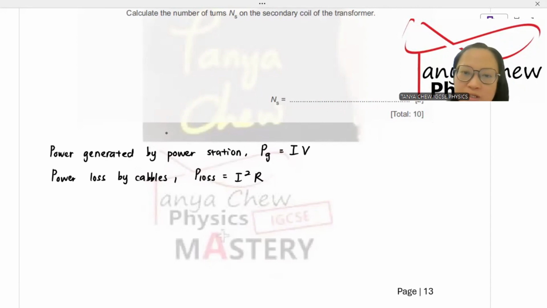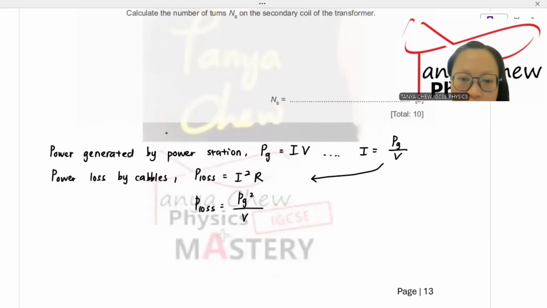I'm going to relate these two equations. This is the same amount of current that is being transferred by the cables generated by the power station. So from here, I is equal to power generated over V. I substitute into this equation. You see what happened? Power loss is equal to power generated squared over V squared times R.